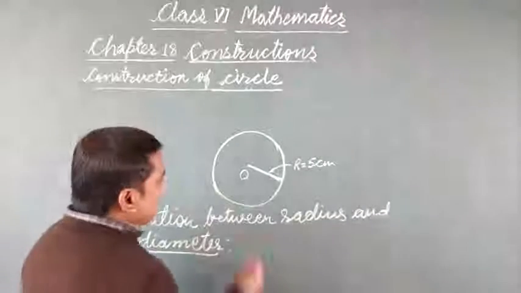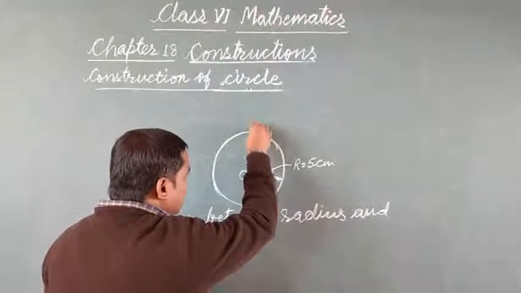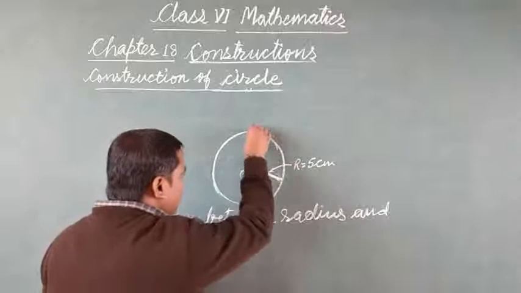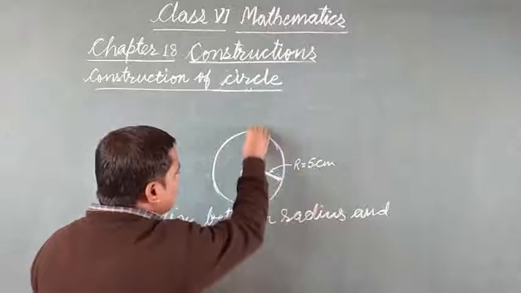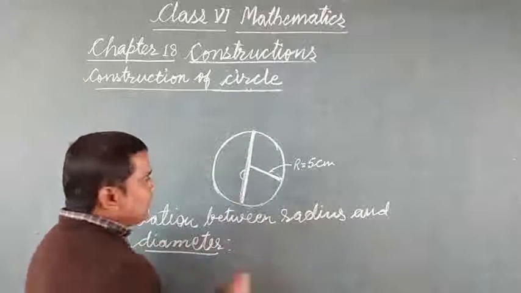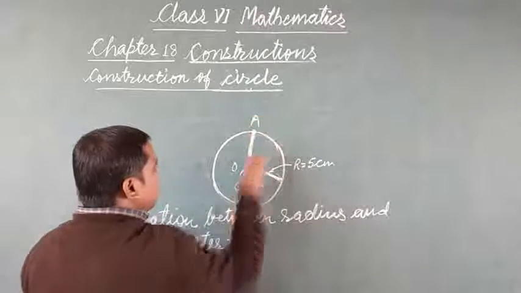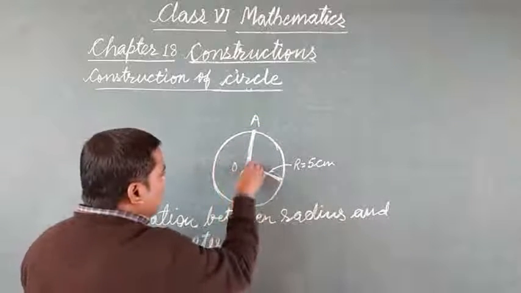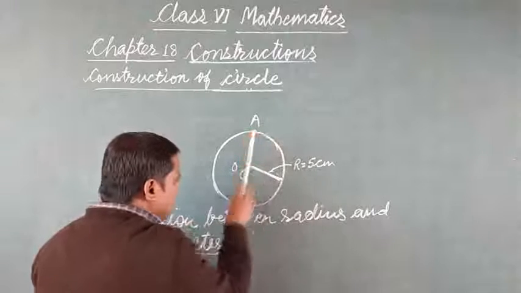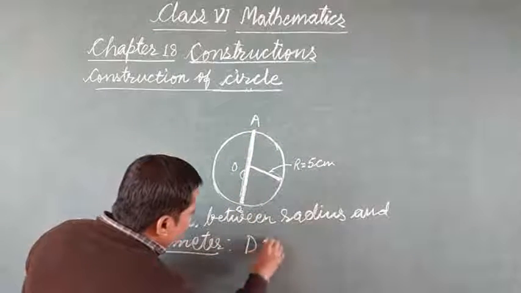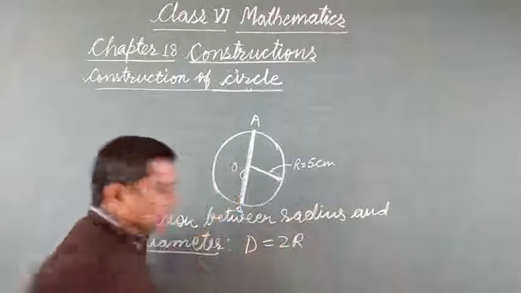We know that in a circle the longest chord is the diameter of the circle. Suppose if AB is diameter, from here to here is radius and here to here radius. So diameter is equal to 2 times radius.